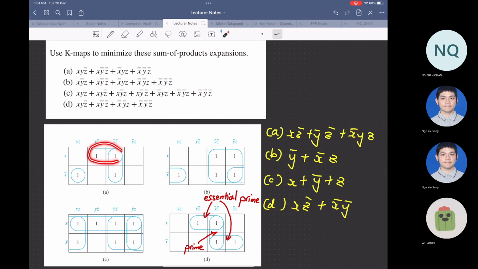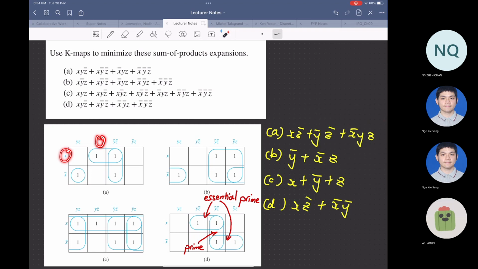And when you combine these two, these are adjacent cells. They differ by Y. So when you combine this block, you get X times Z bar.